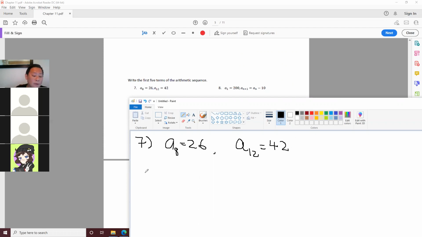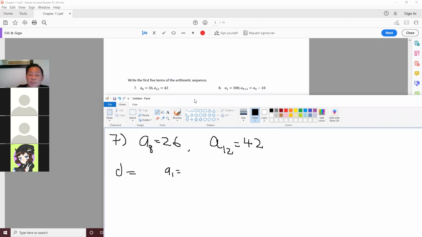Tell me what your D is and what your A1 is. I think once you know this, you should know how to give me the first 5 terms. It's not going to be a problem. I want you guys to do question 7 on your own here. Again, A8 means the 8th term. A12 means it's the 12th term.